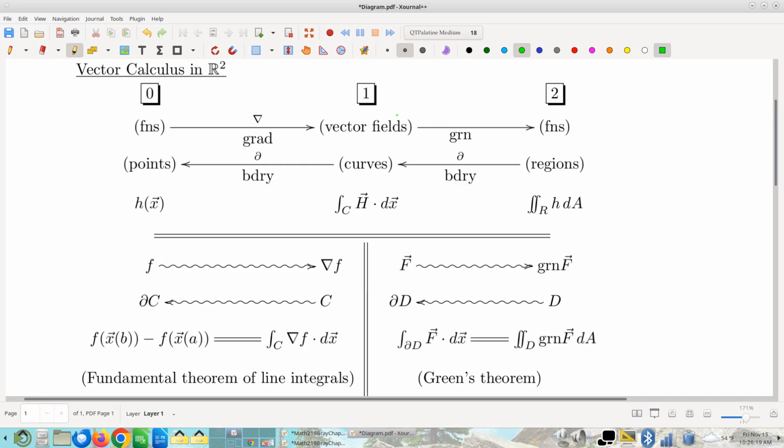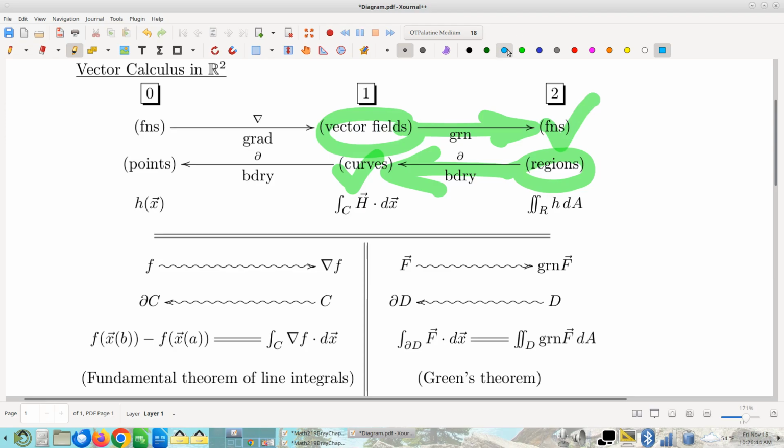If you have a 2-dimensional region and you look at its boundary curve, and if you have a vector field and you compute Green's operator, which these days I'm calling curl more often. I wrote Green here, but let's call that curl. You compute the function that tells you the curl of that vector field.